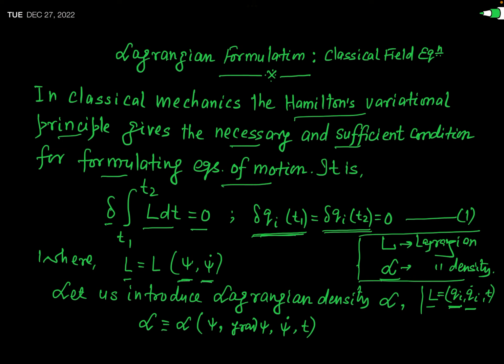Now, as I have told you, in this lecture our aim is to formulate the classical field equation in terms of Lagrangian density. This Lagrangian density will be denoted by the symbol curly L, and it is the value of Lagrangian per unit volume.